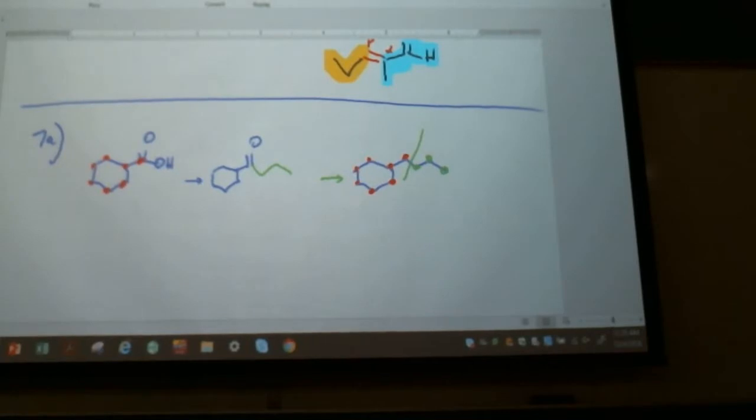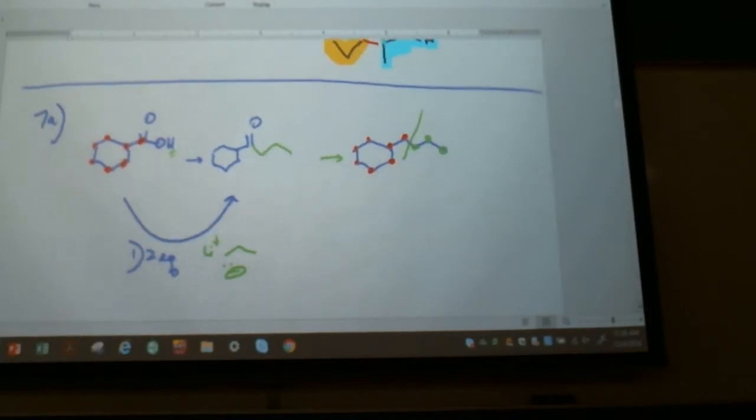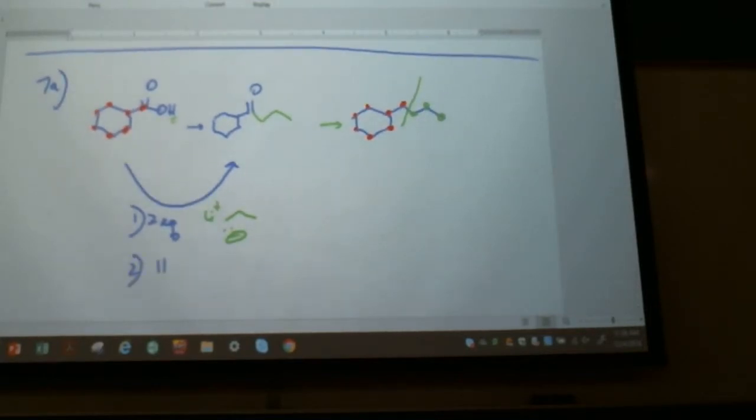Because if you put two equivalents of this three-carbon organolithium, the first one acting as a base and removing this, forming the lithium salt, the second adding as a nucleophile and adding here, and then you toss the whole thing in water, you get directly the ketone. That was one of the strategies that we learned to make ketone.